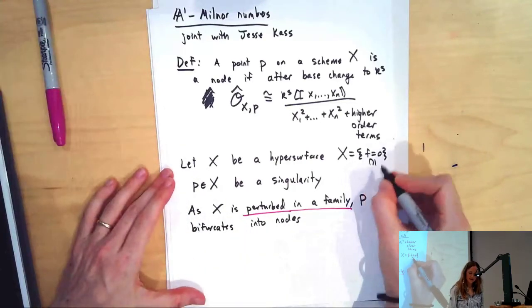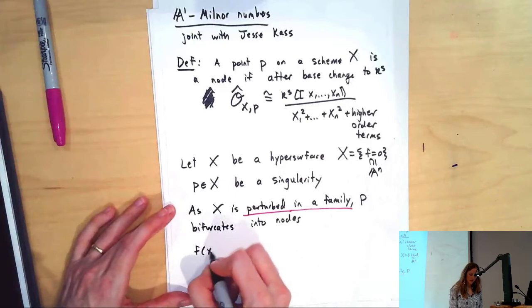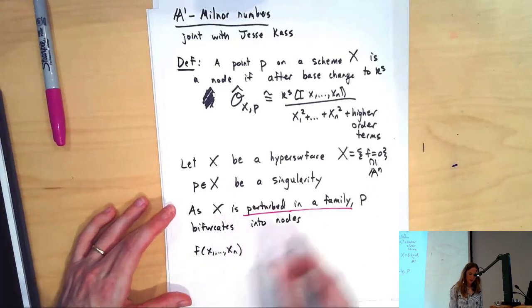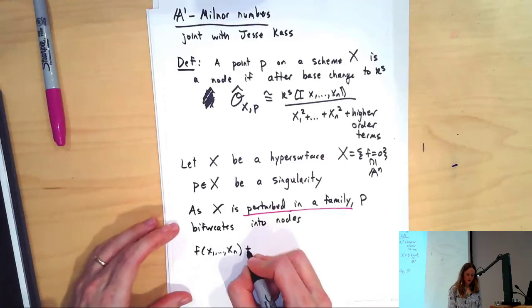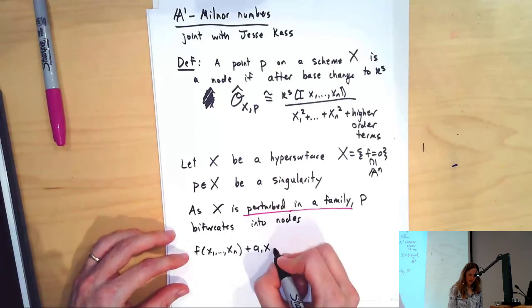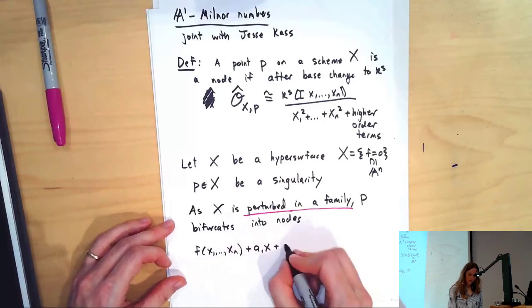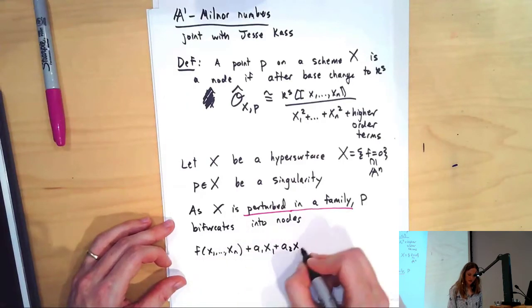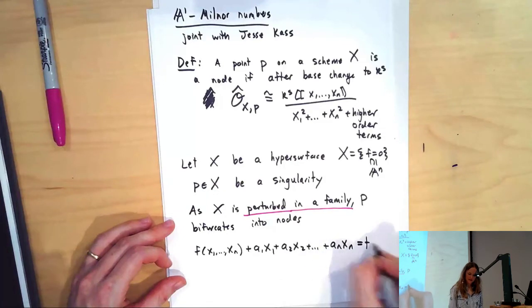Say this is in n variables. If we've got f of x1, ..., xn equals 0, that's our original X. And we could add some other terms. The terms we're going to add are linear, so we could make any choice of a1 x1 plus a2 x2 plus ... plus an xn equals t.